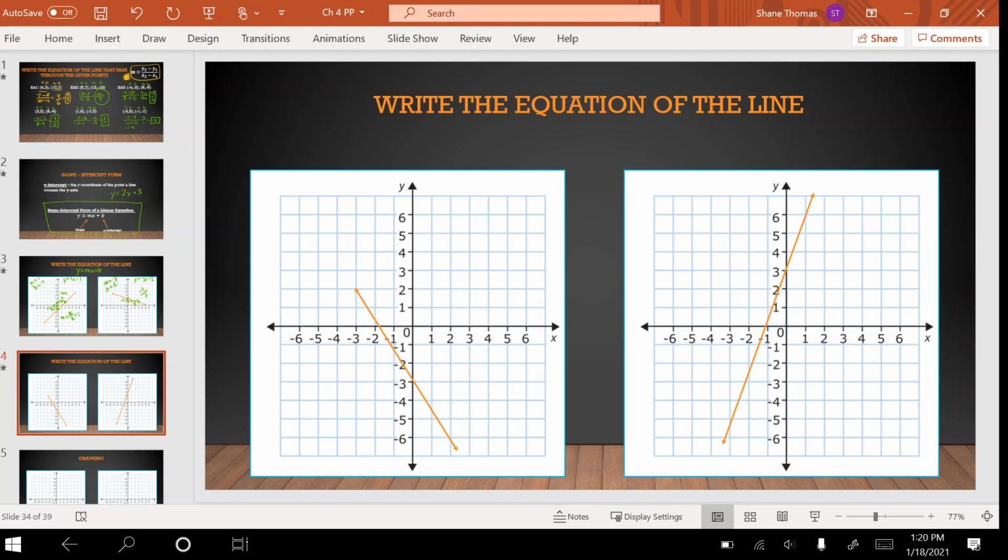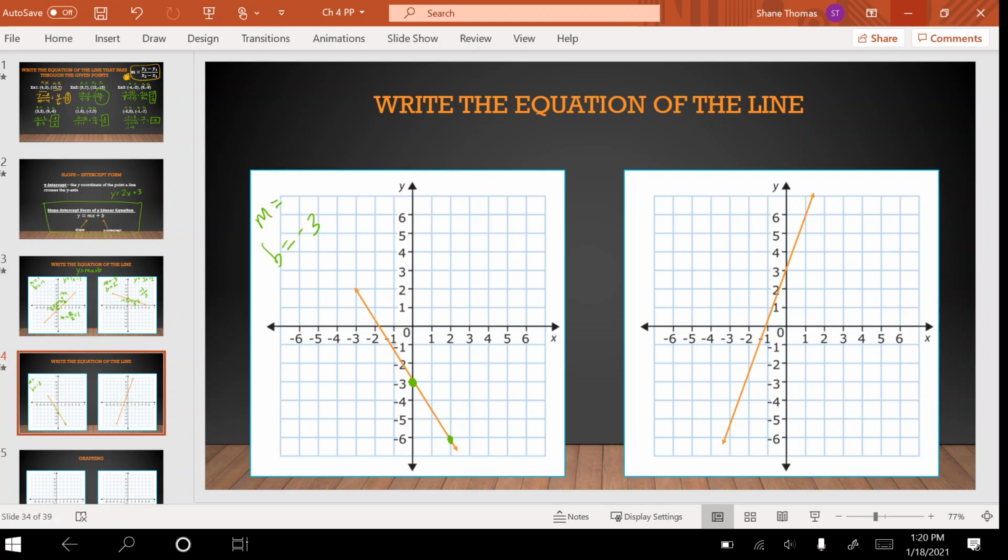So right here, write the equation of the line. First off, where do I cross the y-intercept, or where do I cross the y-axis at? Right there, at -3. Correct? That is my b. And then m. Find a spot where it crosses really nice. I'm going to say right here.